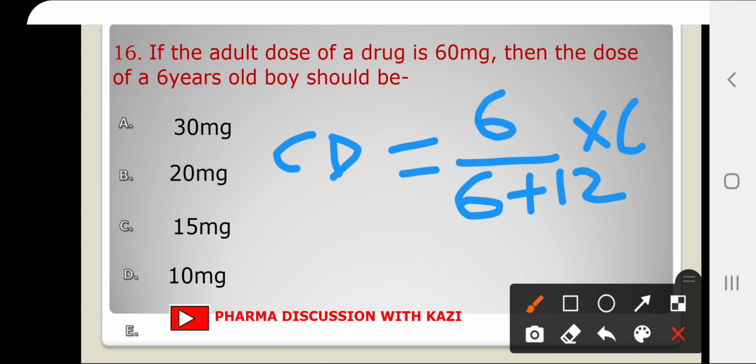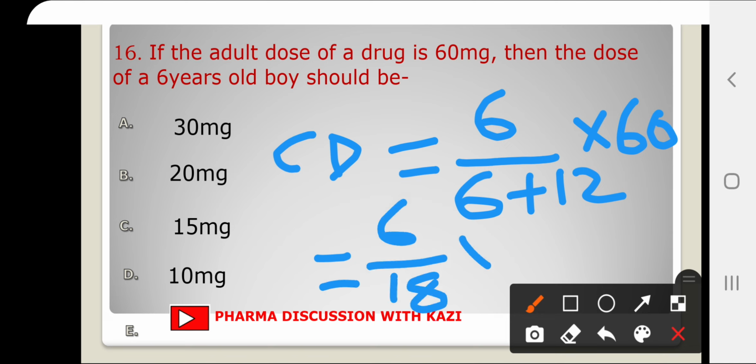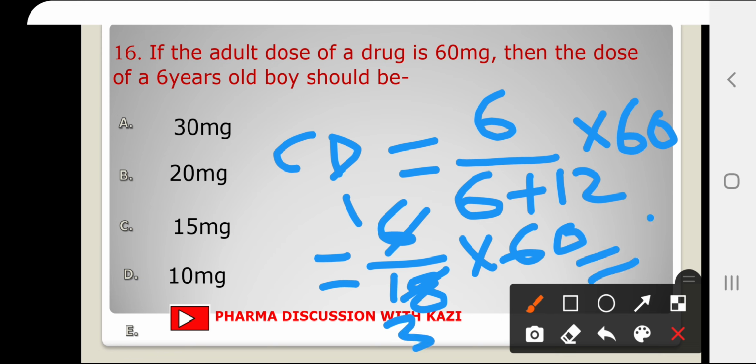Adult dose equals 60, so it equals 6 divided by 18 into 60. After minimizing 6 and 18, it will be 1 by 3, 1 by 3 into 60, resulting 20 milligram. So the correct answer is B, that is 20 milligram.